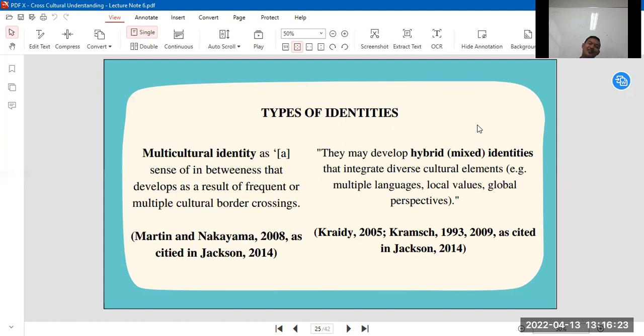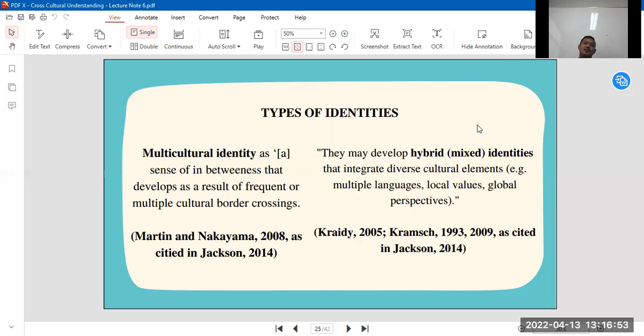Nowadays, in many parts of the world, individuals have more interactions with people from diverse linguistic and cultural backgrounds. It can be through immigration, refugees, or even studying abroad, and so on. There are a lot of ways that open our opportunity to socialize with other people.